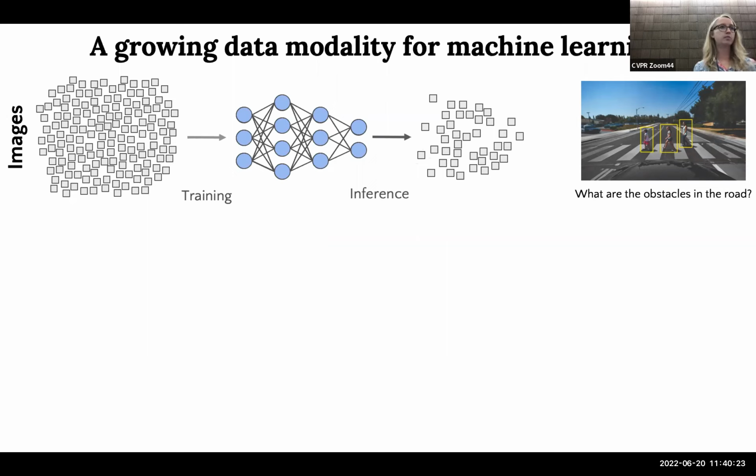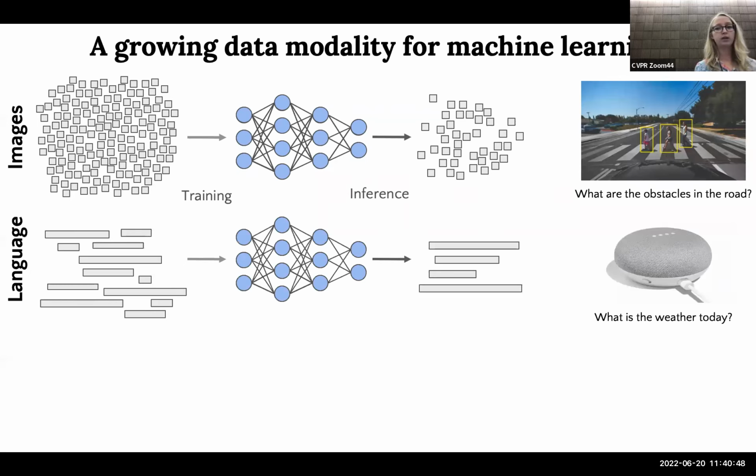Then we can use that model to make predictions for a much smaller data set, usually one sample at a time. And then we can use these models for real world use cases, like, for example, detecting obstacles for a self-driving vehicle, where we want to know what the obstacles in the road are given an image.